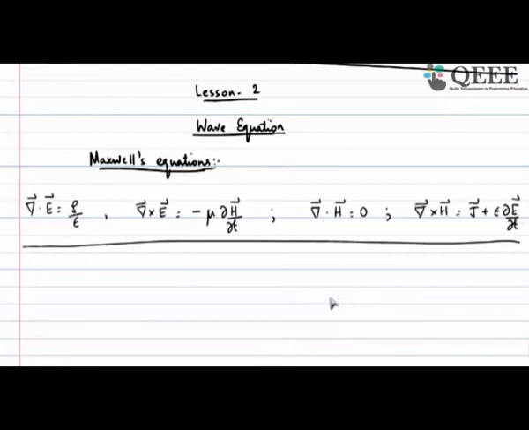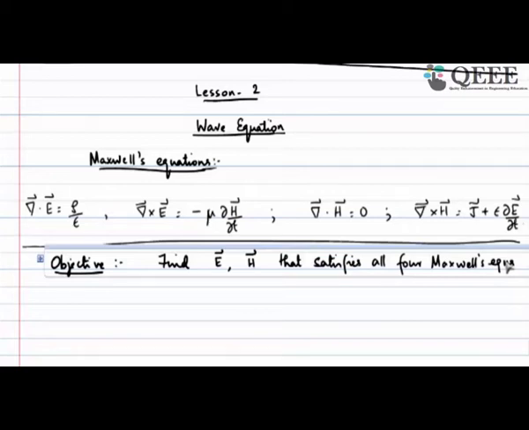So today's objective is to find an E and H, the magnetic field, that satisfies all 4 Maxwell's equations. What's the nature of that E field and that H field that satisfies all these equations?